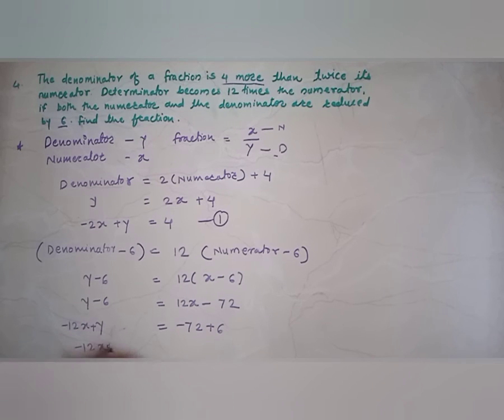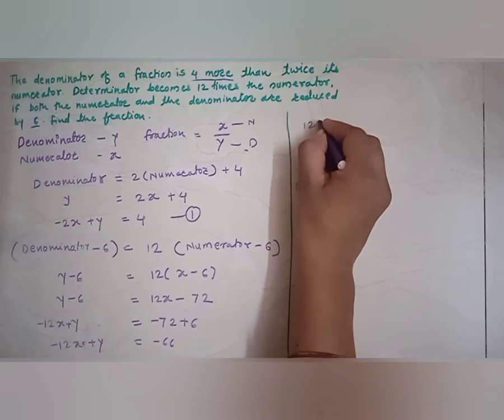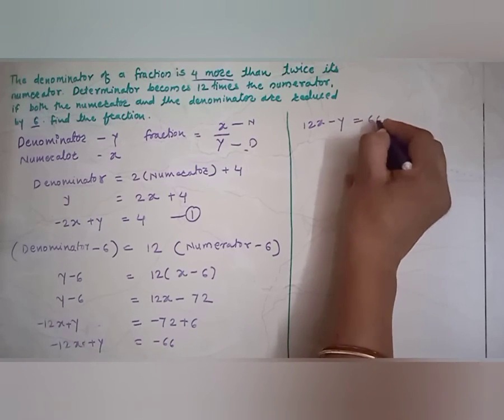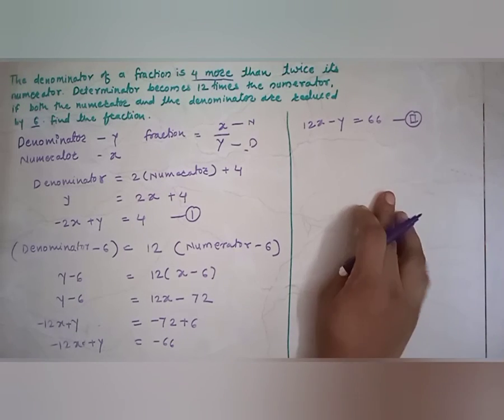Minus 12x plus y is equal to minus 66. We can change the signs, minus to plus and plus to minus, which makes it easy to solve the equation.